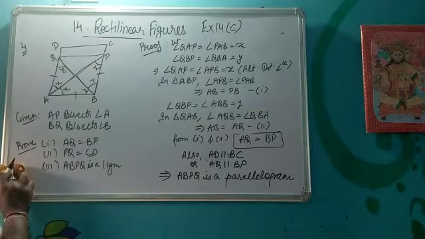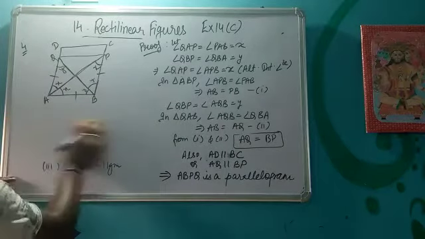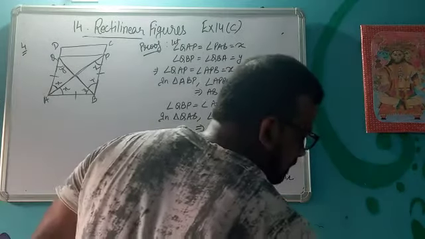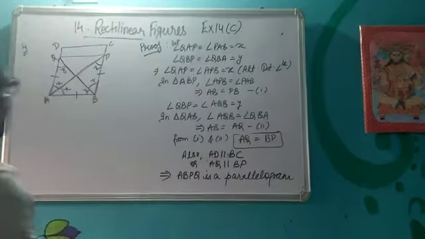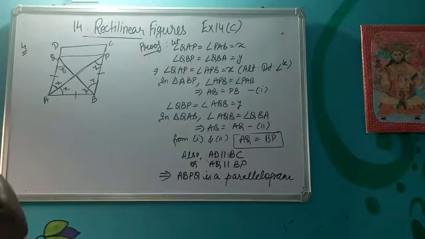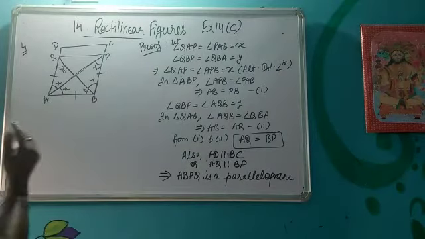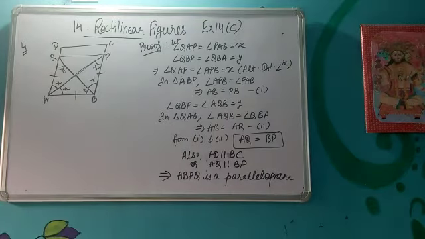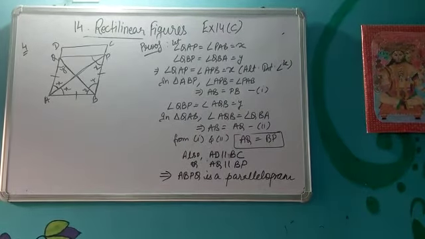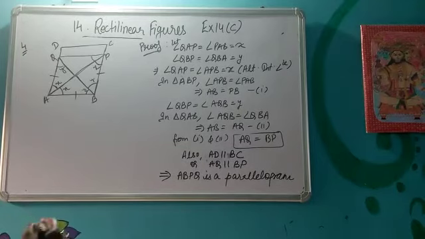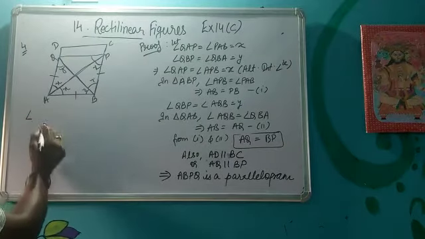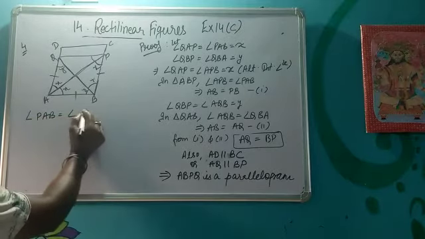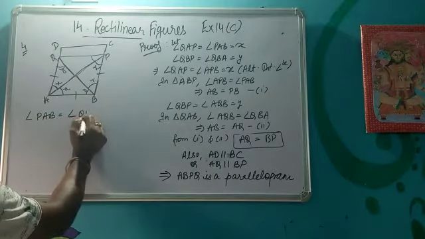Now for proving PQ equal to CD. Angle PAB is equal to angle QPA.